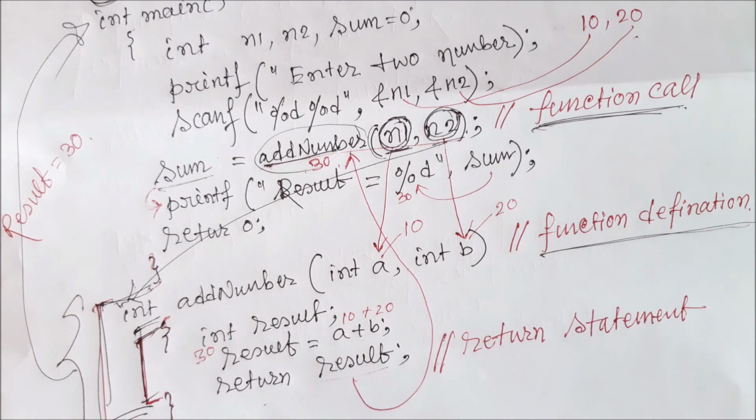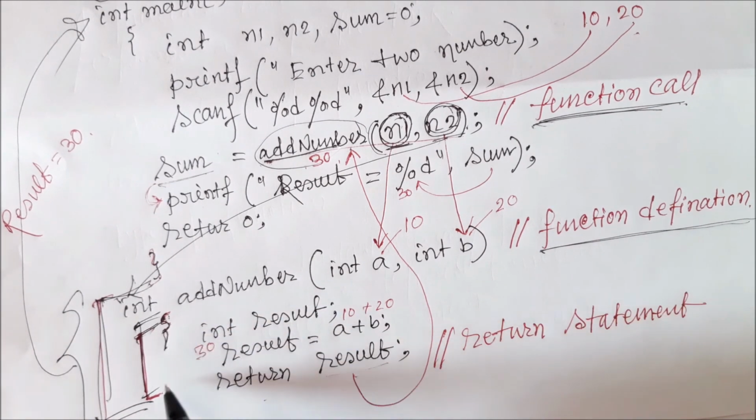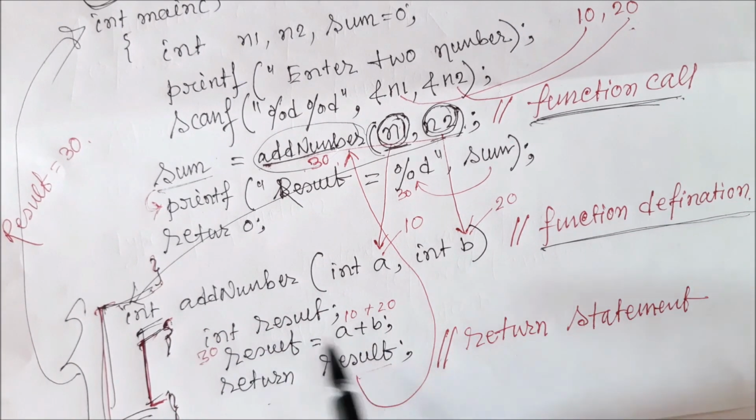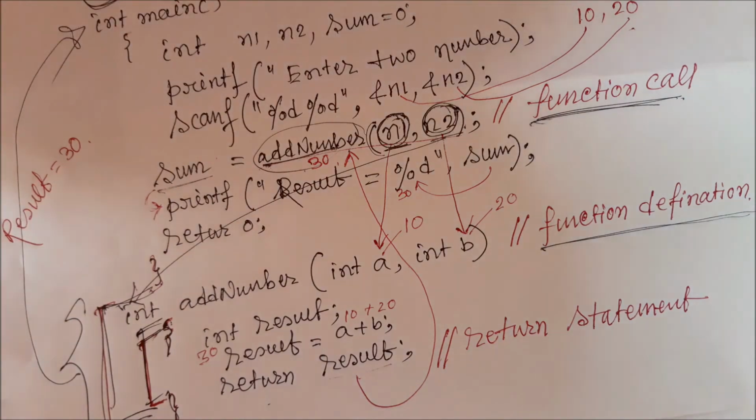And the compiler starts executing the code inside the body of the function. So, this is the body of a function. Whatever code has been written within this body will execute one by one.